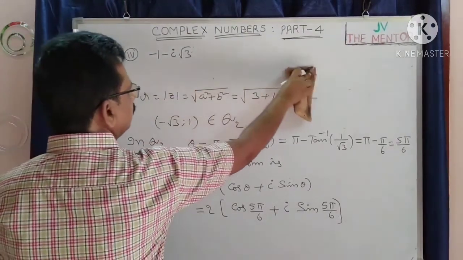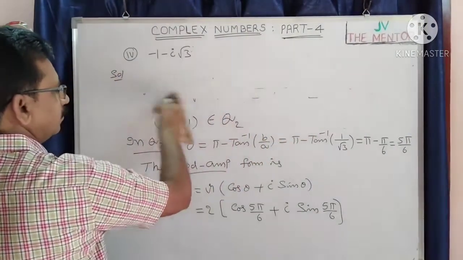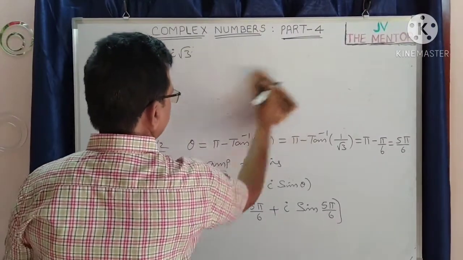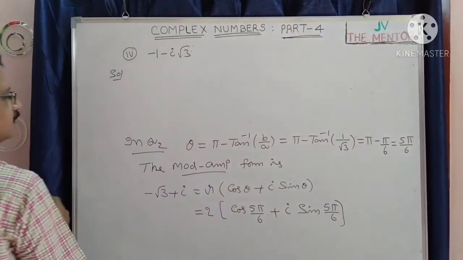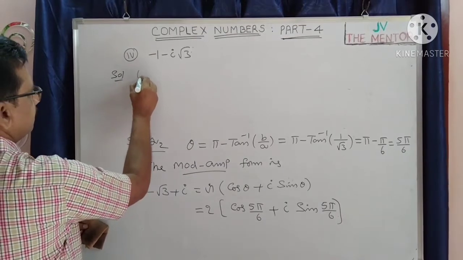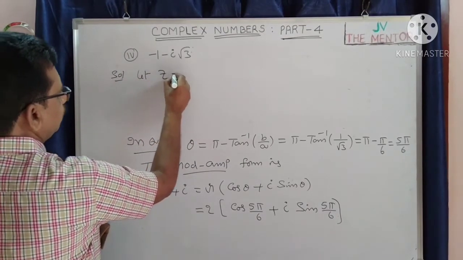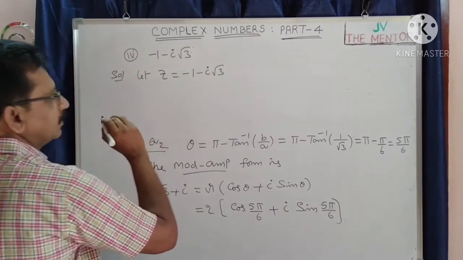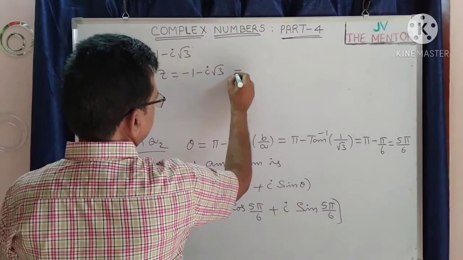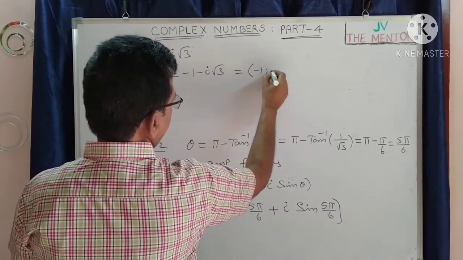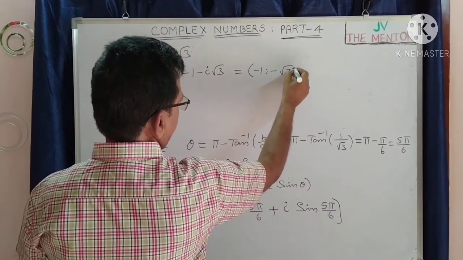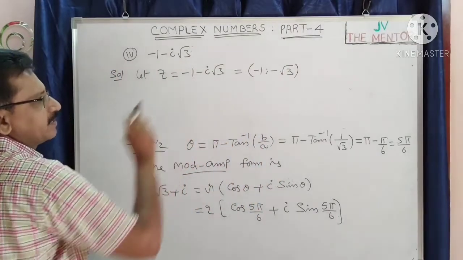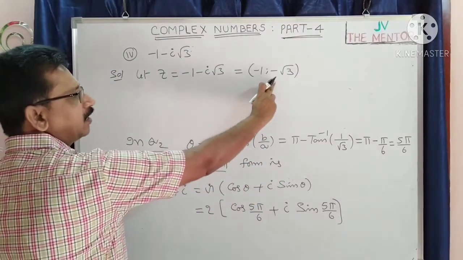Solution. Let z equal to minus 1 minus I root 3. The ordered pair form is minus 1 comma minus root 3. This is the a plus ib form. This is the ordered pair form.